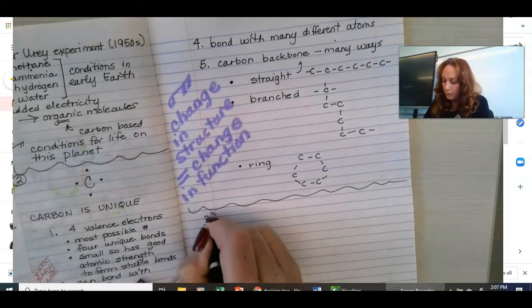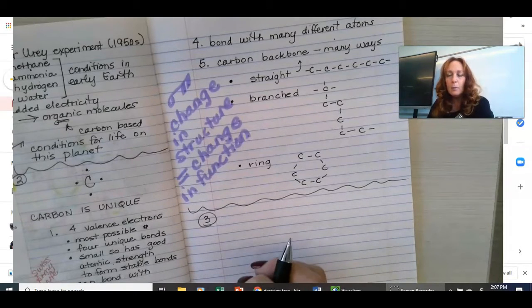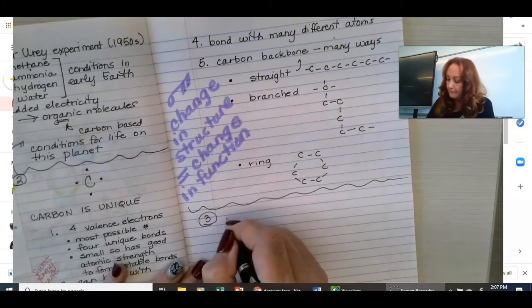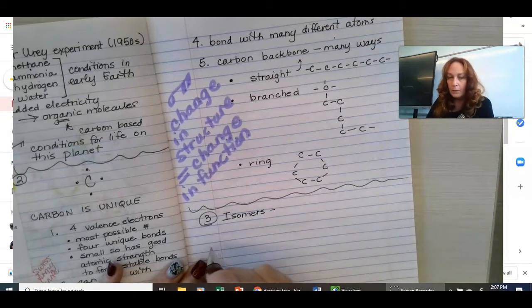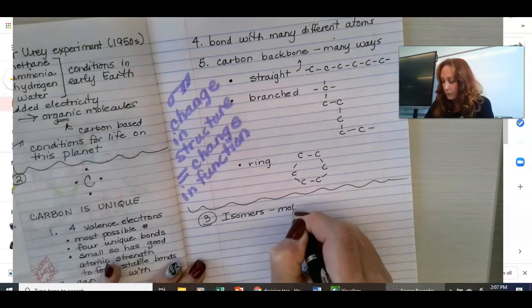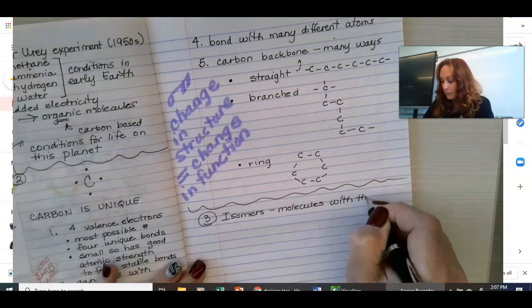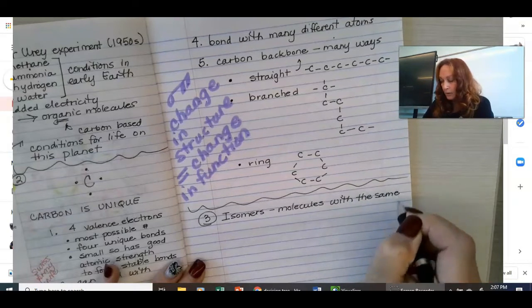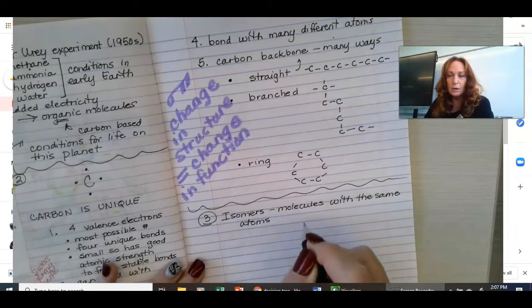So I'm going to come over here. This is part 3, and we need to know what an isomer is. It's the same parts rearranged differently. So let's see how we can say that. Isomers are going to be molecules with the same atoms and the same number, the same parts and pieces, but they're rearranged differently.